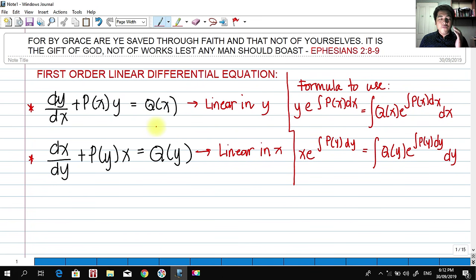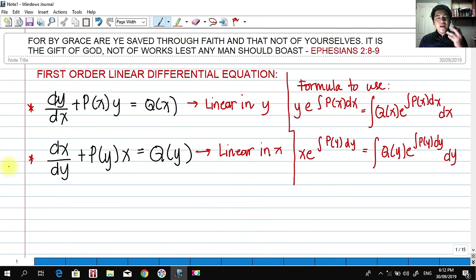So if we can rewrite the DE in this form, we say that the DE is linear in y. As you can notice, y is the dependent variable in this given differential equation.